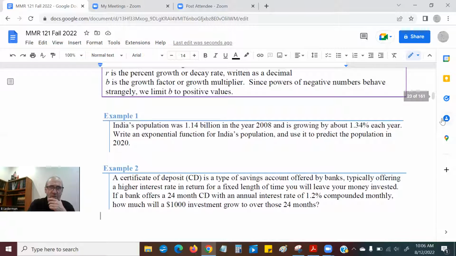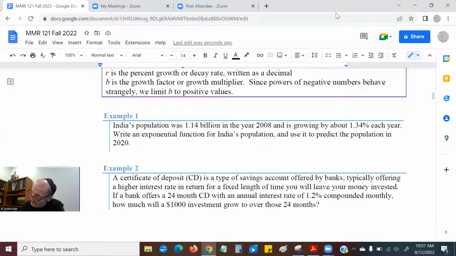So let's work this out here. I'm going to switch cameras and jot down some numbers. So it's 2 years, compounded monthly, and you're starting with $1,000.